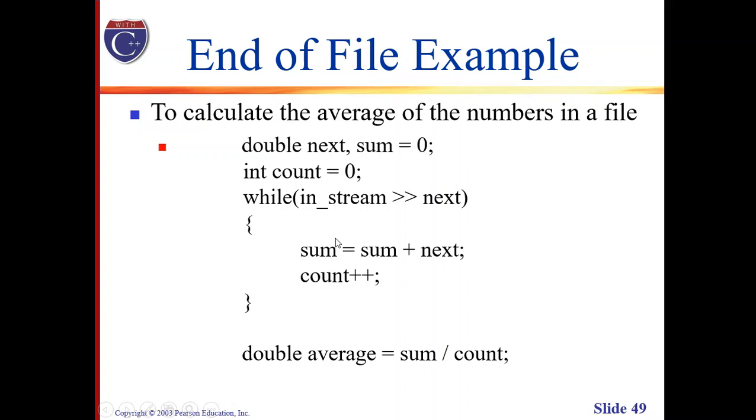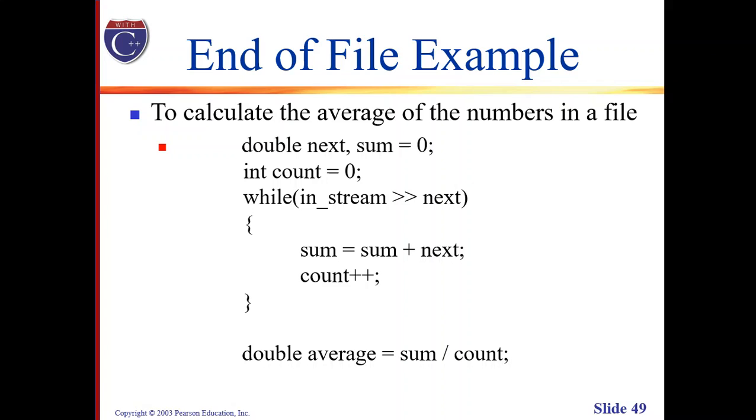Inside this loop, it keeps on adding whatever value is read into next, and we also update our counter until nothing can be read from inStream. That's the time we go out of this loop and do the following operation. The sum of those numbers will be divided by the final value of our counter variable, which will give us the average.